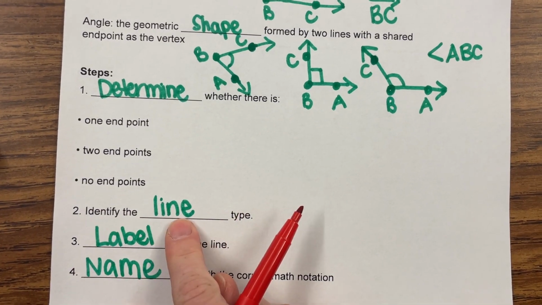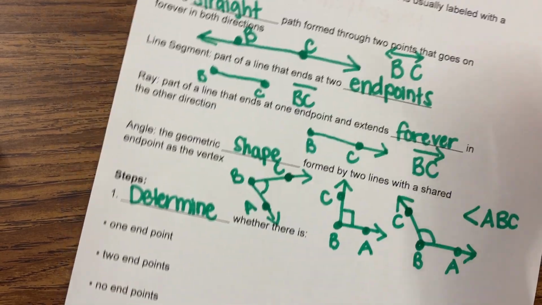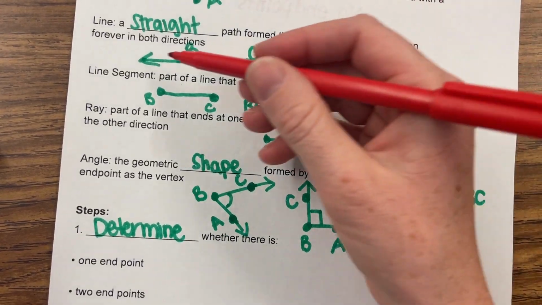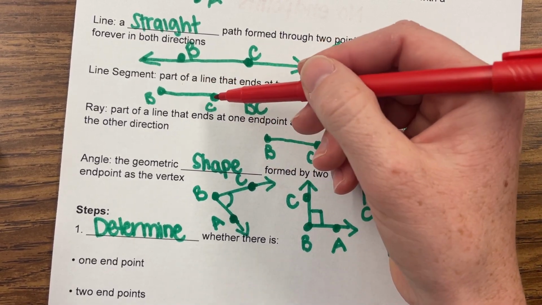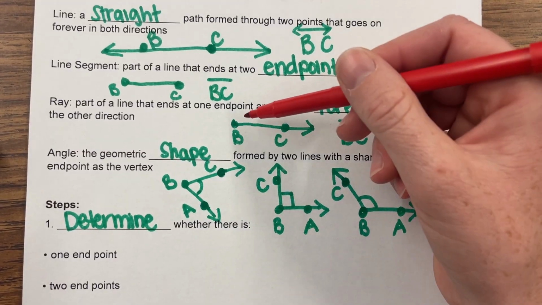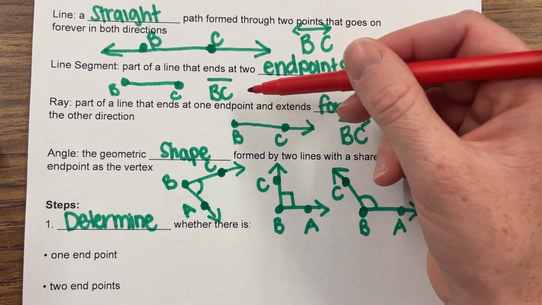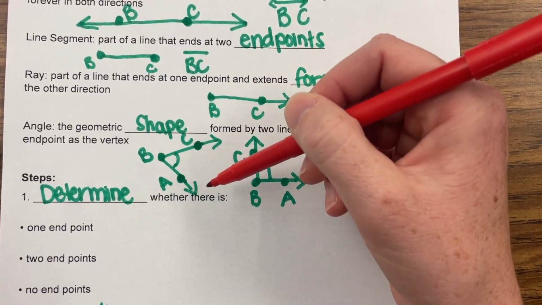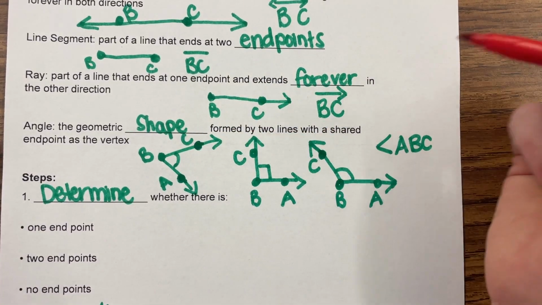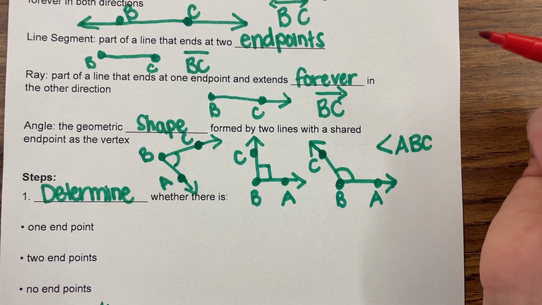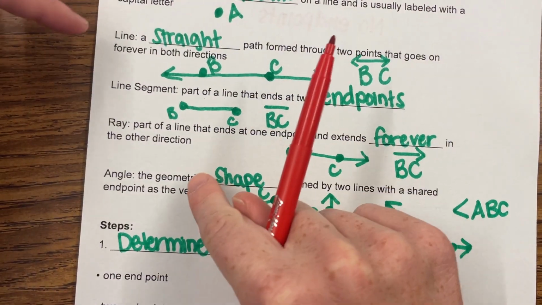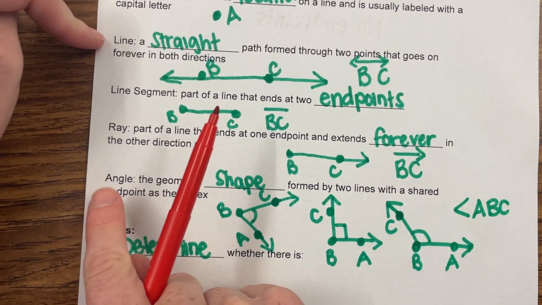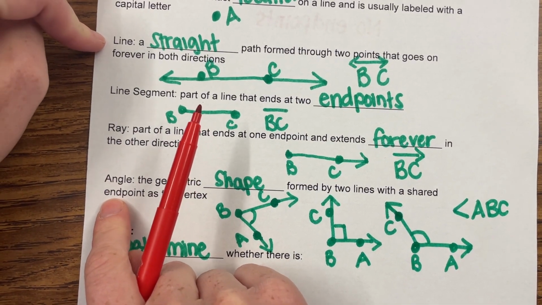Now I'm going to identify the line type. If I'm looking up here, it goes off in both directions. This one stops, so it can't be that one. A ray has one endpoint, so that one doesn't work. This kind of looks like it could be an angle too, so I would say it's between a straight line and an angle at this point.